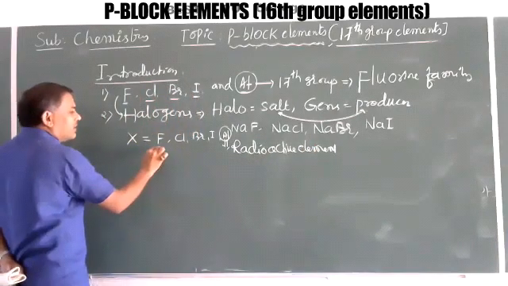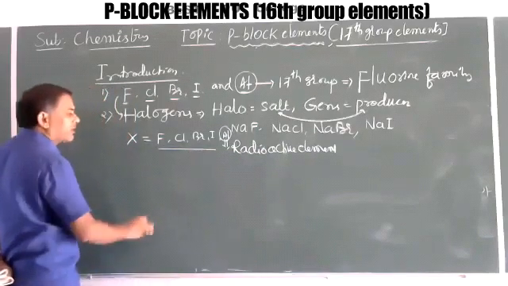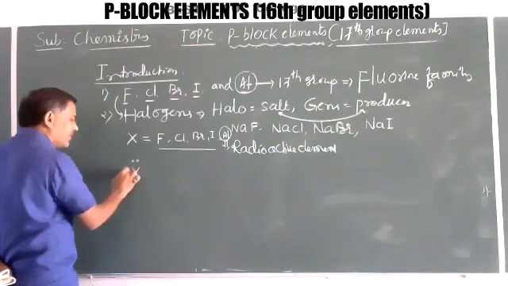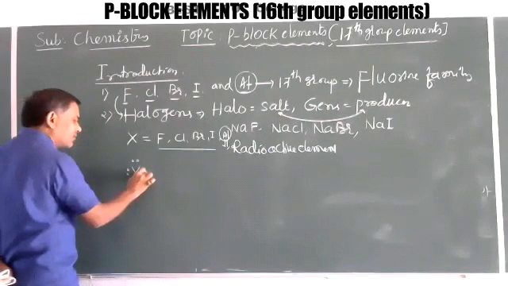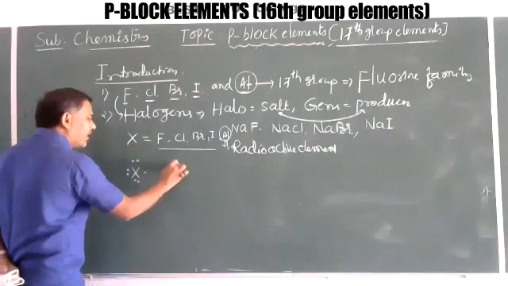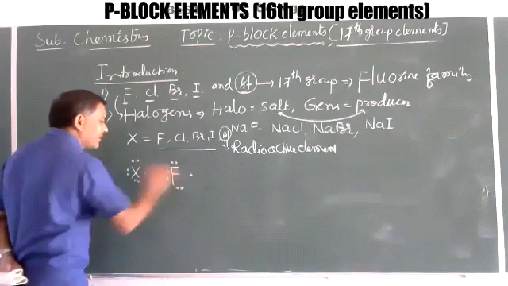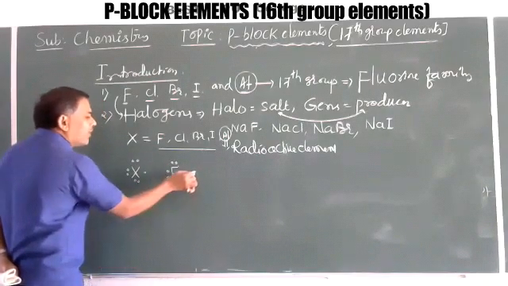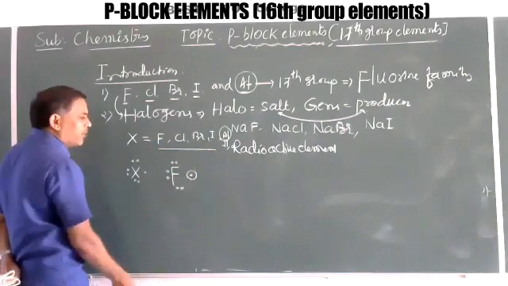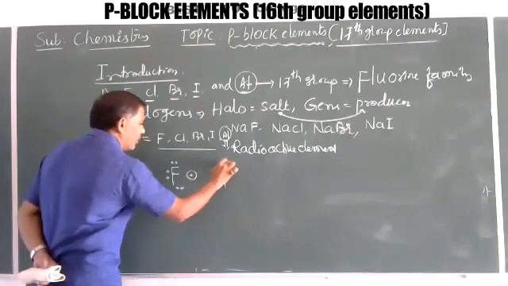So here, due to the presence of 7 valence electrons in its outermost orbit, fluorine is ready to accept 1 electron from another atom of an element. It forms a diatomic molecule.